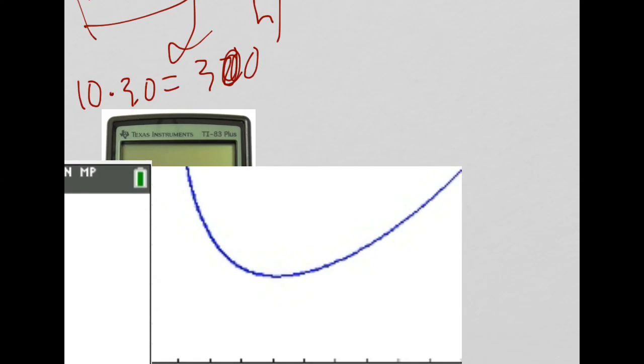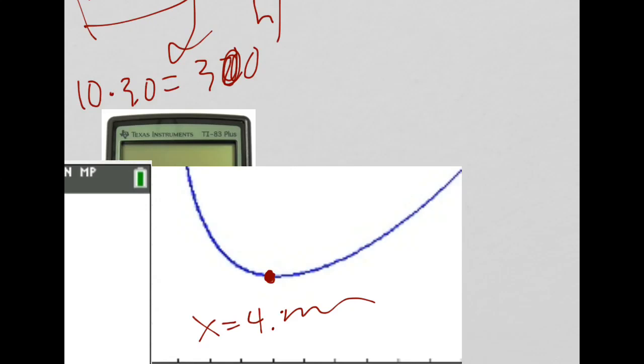So now go through, calculate the minimum value. It's going to get it to you right there. And here's the deal. It's going to tell you that that minimum value is happening when x equals 4 point something something. I'll tell you the real number in a moment. But this is what's awesome.